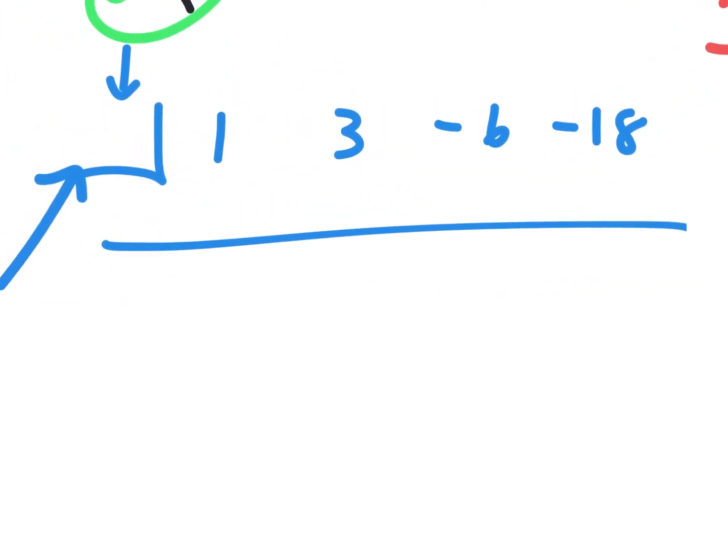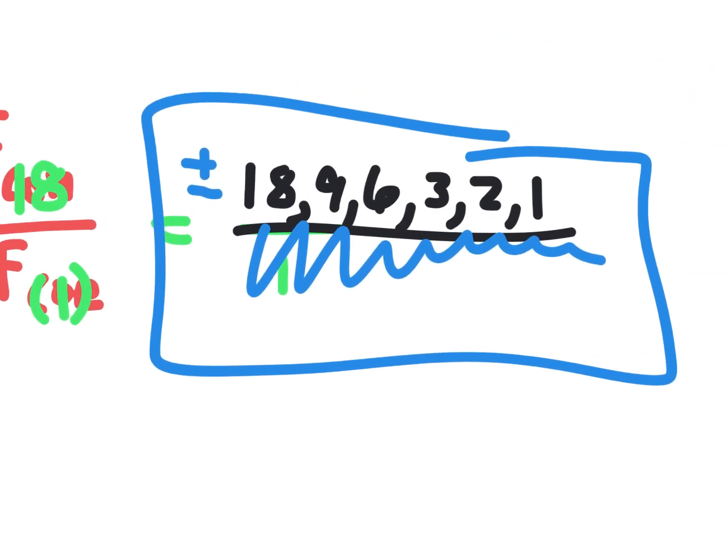So you're sticking a 2 in here first, trying it, seeing if it worked, and then test negative 2. All right, you guys, I want you to test 3 and negative 3. Row 4, you guys are going to test 6 and negative 6. Row 5, you guys are going to test 9 and negative 9. And you guys are going to test 18 and negative 18.